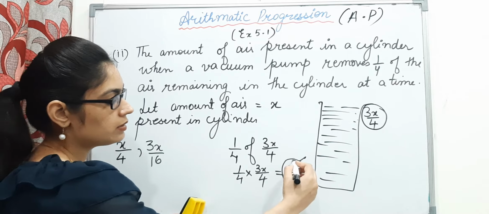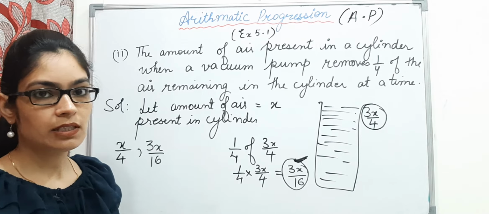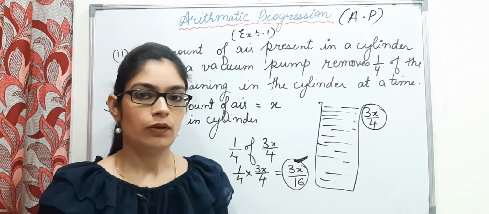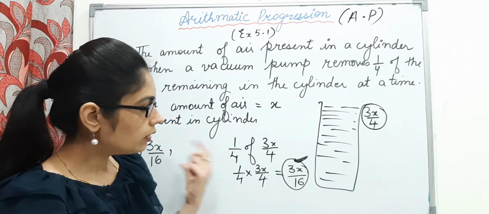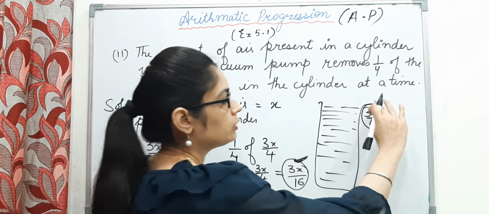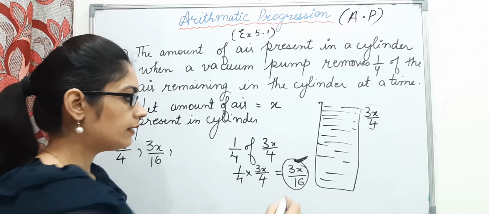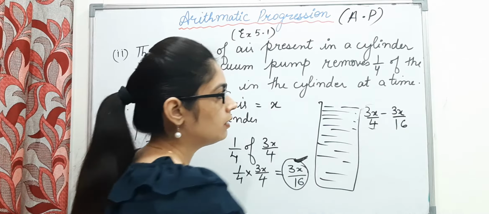Again, if this much is the amount of air removed, we have to find how much is the remaining air. In order to check whether the sequence is AP or not, we have to find at least 3 to 4 terms. So we have to find the third term now. This was the present air, 3x by 4, and the removed air is 3x by 16.